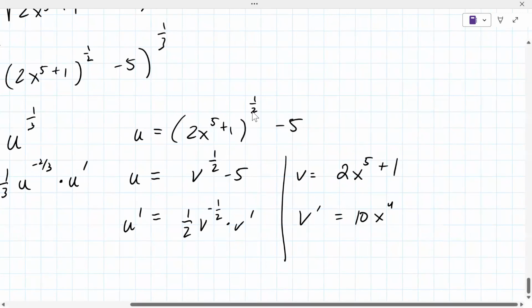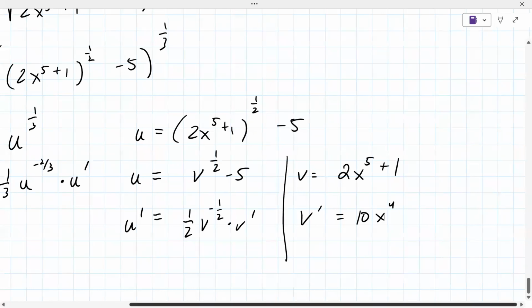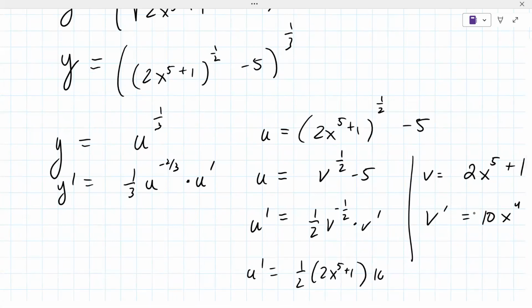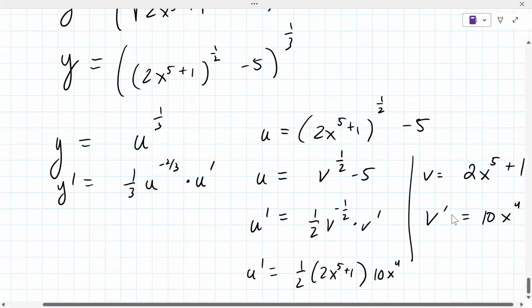And now you just start substituting in for all the stuff that you don't have. Instead of u, you're going to put this in. For u prime, you're going to put this in, but you've got to substitute back in for that. So u prime is really 1/2 v, where v is 2x to the 5th plus 1, and v prime is 10x to the 4th. I'm just grabbing those from over here.